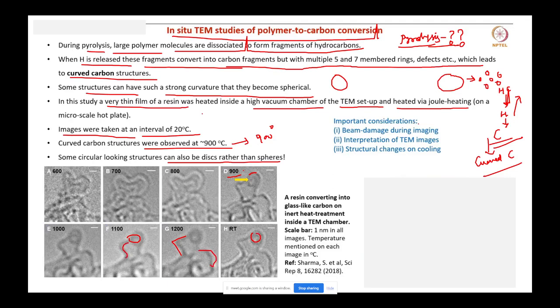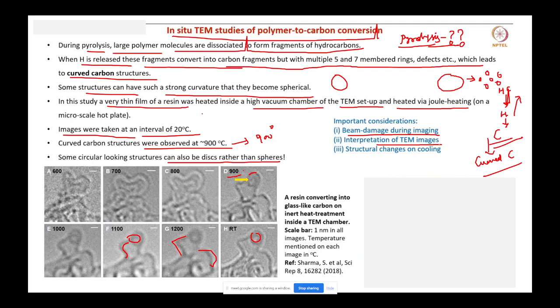So an important consideration is beam damage. The beam can damage the sample during imaging, so you have to be very careful when you are doing this imaging, because here the high temperature is going maybe more than 900, and the interpretation of this TEM image is very important. Even here I was not able to completely interpret this TEM image because I do not have expertise in that.